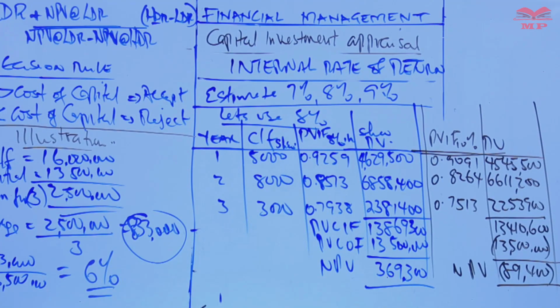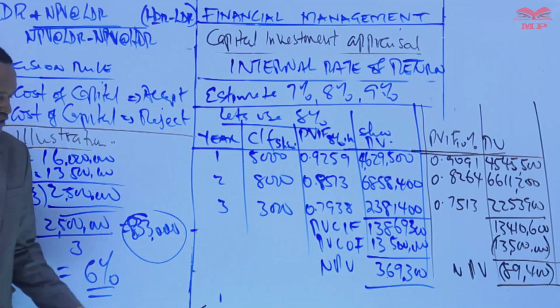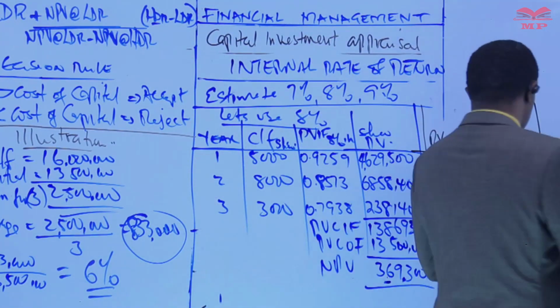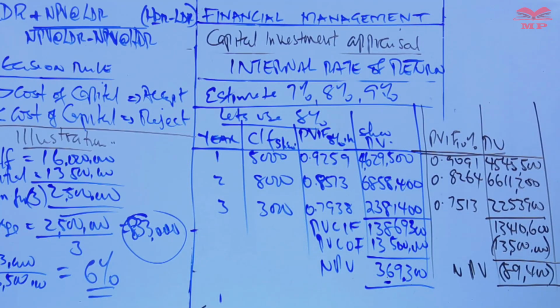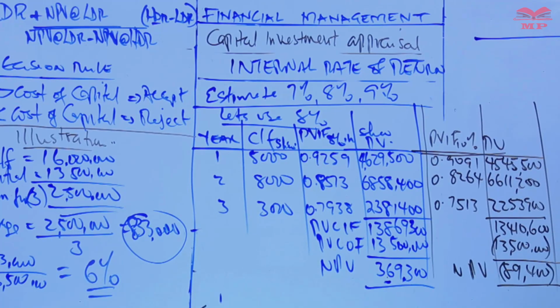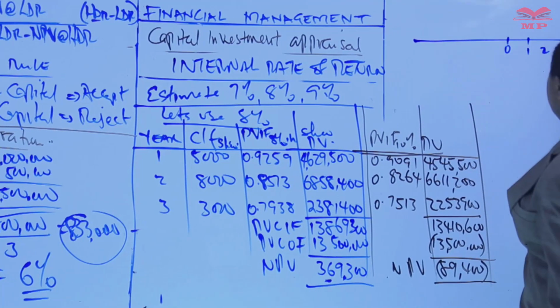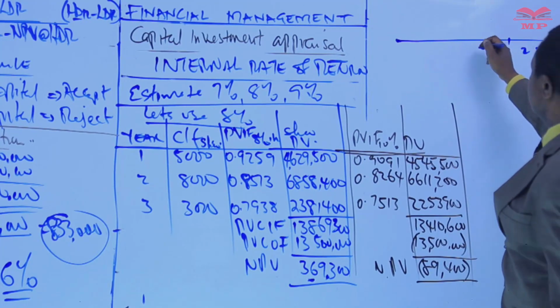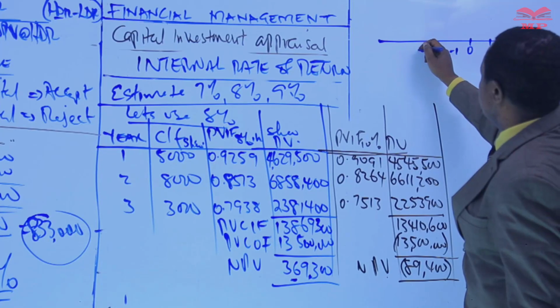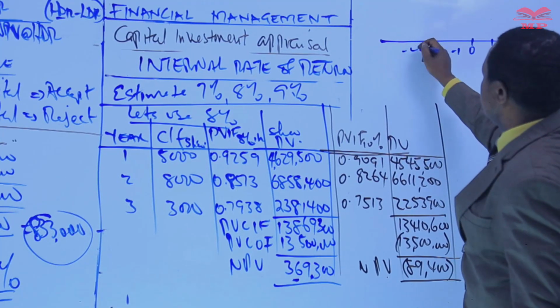That one is closer to 0 than this one. The positive one is many points away. Now, this is what we mean. Look at what we call the number line. Here we have 0, positives 1, 2, 3, 4, 5, 6, and negative 1, negative 2, negative 3, negative 4.